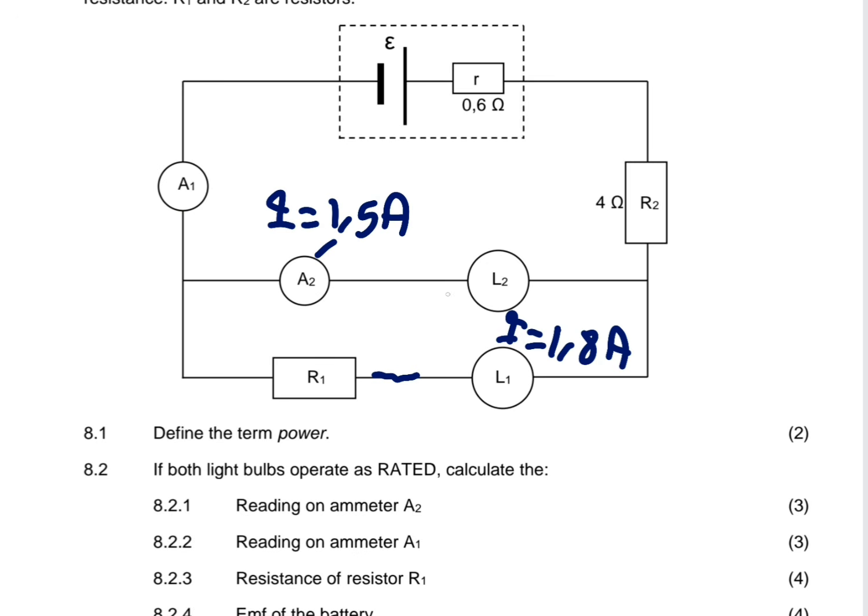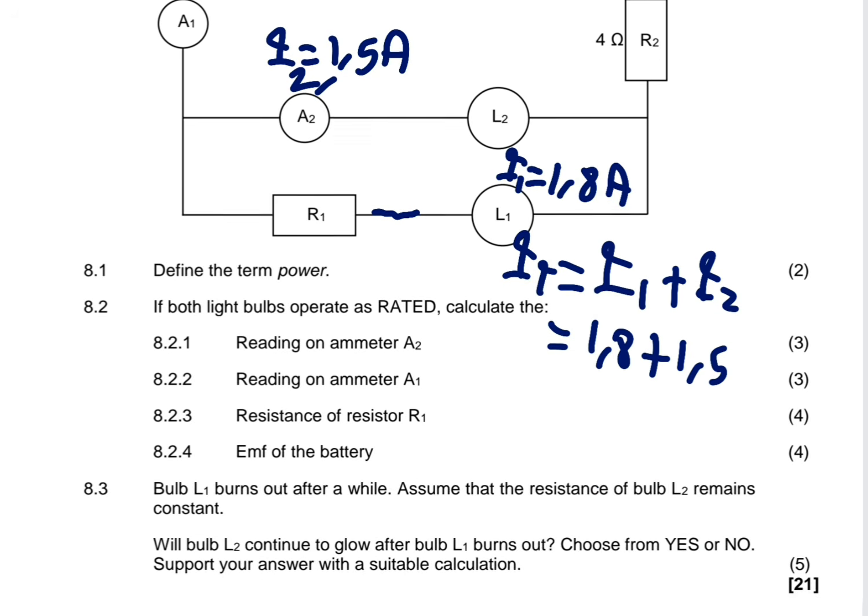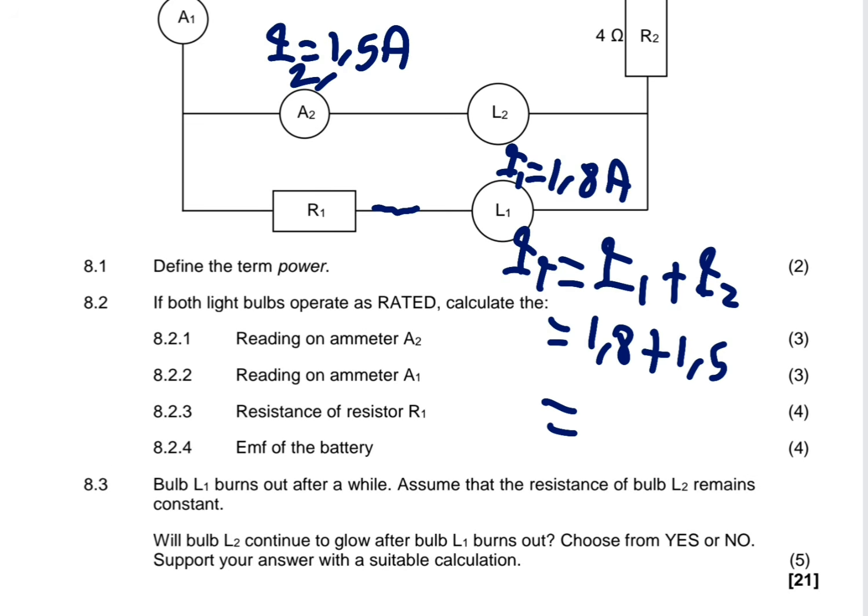So when we add these two together, we should be able to get the total current. So I total, we'll call this I2, we'll call this I1, will be I1 plus I2, which is 1,8 plus 1,5. And that will give us a value of 3,3 amperes.